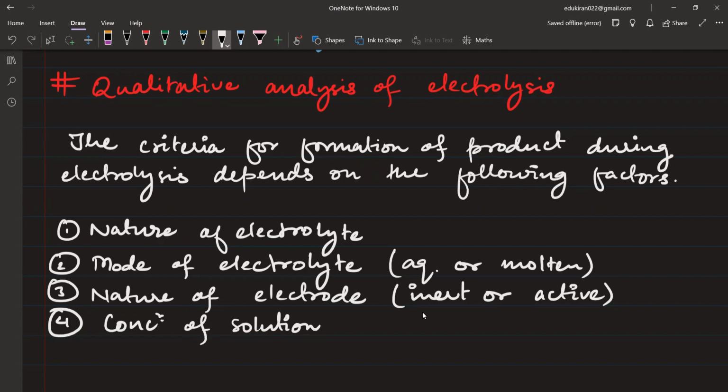These are the four criteria which determine the product of electrolysis. The most important criteria are the first and second. Then we are going to look at some electrodes which are inert and some which are active. And at last, we are going to look at how the concentration of the solution is going to affect the product of an electrolysis.